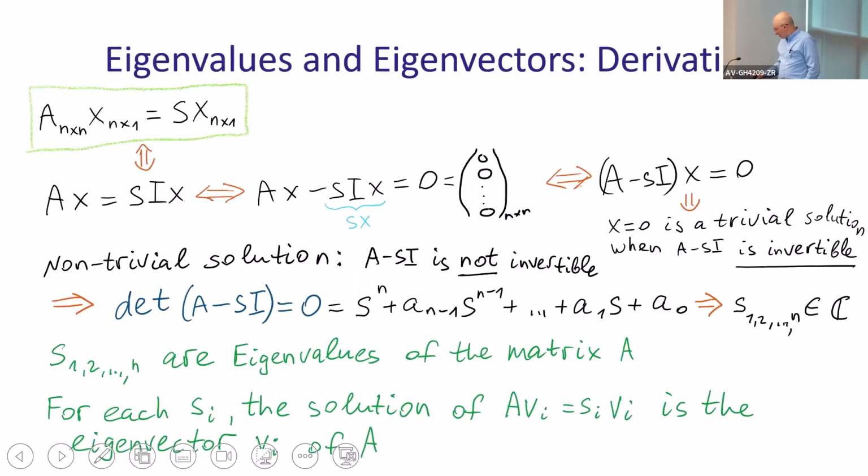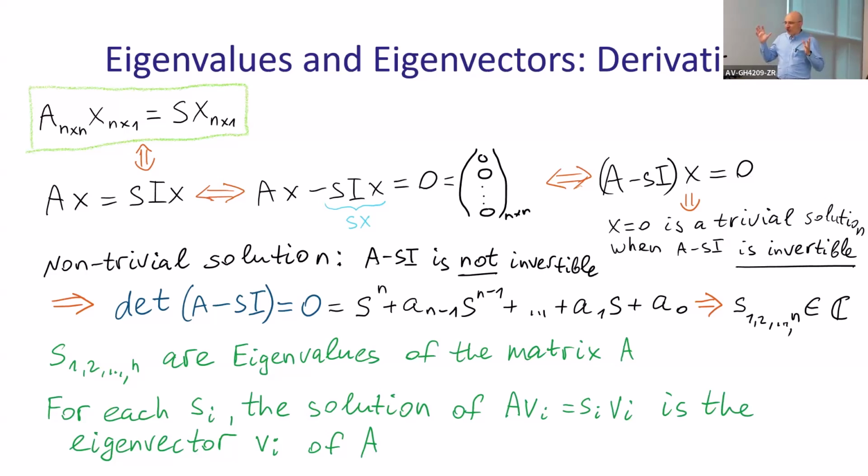And then we learned how to compute them, practically by computing the determinant of lambda I minus A or A minus lambda I equals 0. You get a polynomial, you find the roots of that polynomial, and these roots are eigenvalues. Then you solve a system of linear equations and you get eigenvectors, which is again good for small systems like 3 by 3, 4 by 4 maybe.